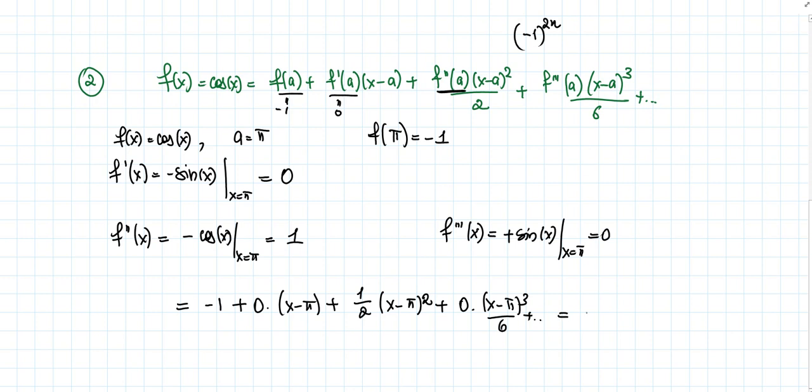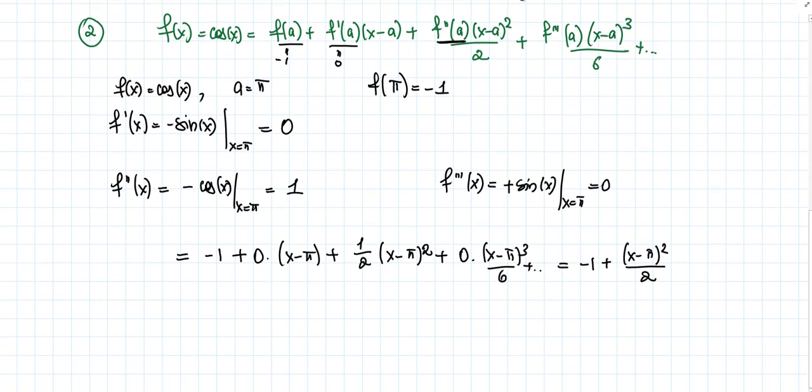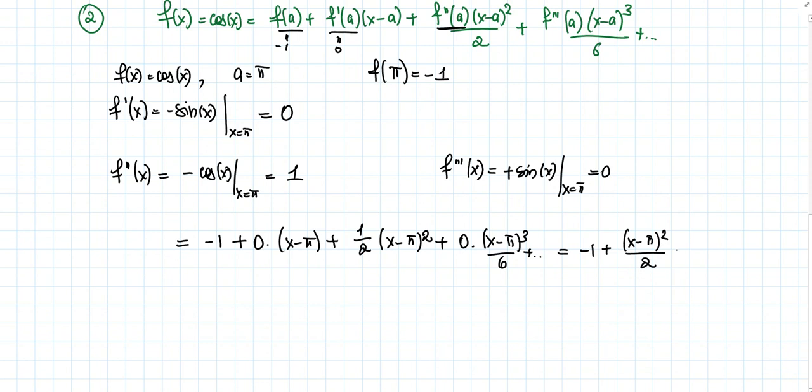So basically we can write it as minus 1 plus (x minus pi) squared over 2, and plus or minus, probably. The next term is going to be equal to minus (x minus pi) to the power of 4 over 4 factorial, and so on. Okay? This is the Taylor series of the cosine of x around center a equal to pi.